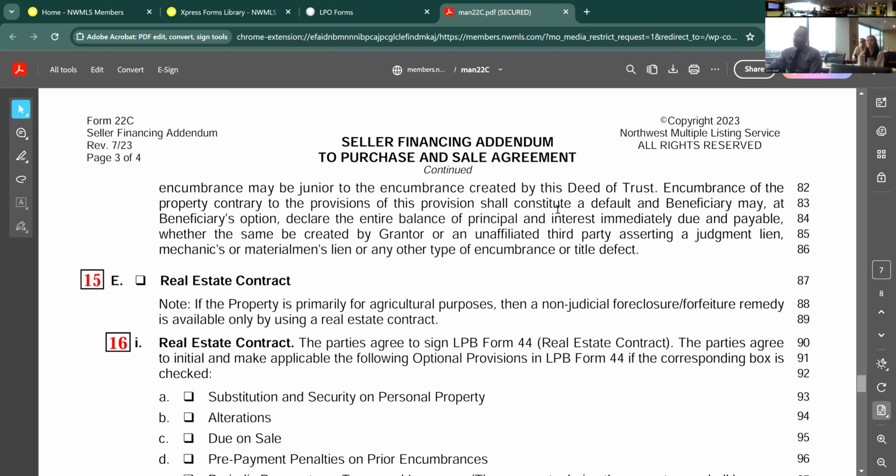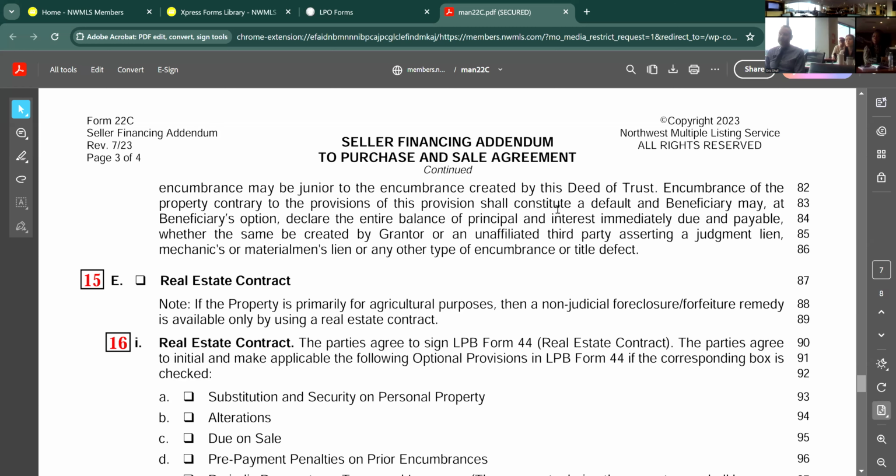So if the property is used for agricultural purposes, you're not going to want to do a note and deed of trust. You're probably only going to want to do the real estate contract. Very rare. I doubt you're going to have something like that, but whenever there's land involved, it's a little more common to see these types of deals come up.